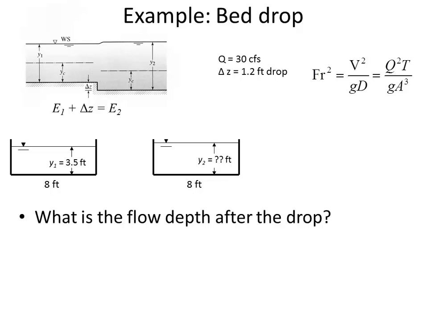So 4.718 feet of energy is the depth, Y2, plus the flow rate, 30 cubic feet per second, squared, divided by 2g and A squared, 8Y2 squared.